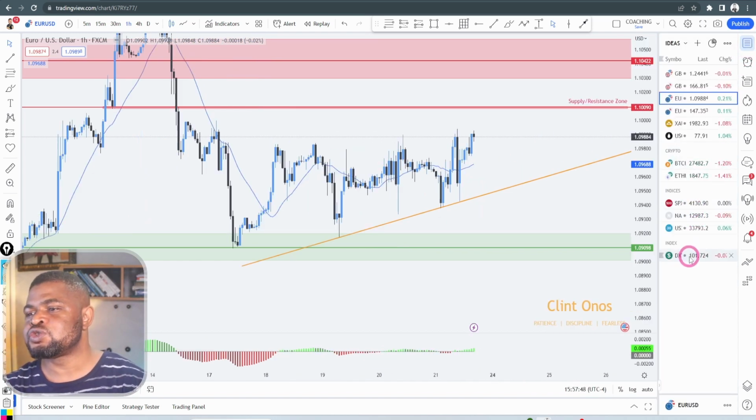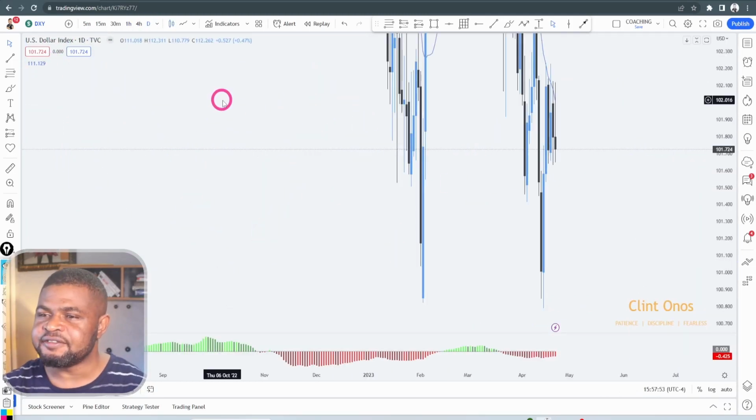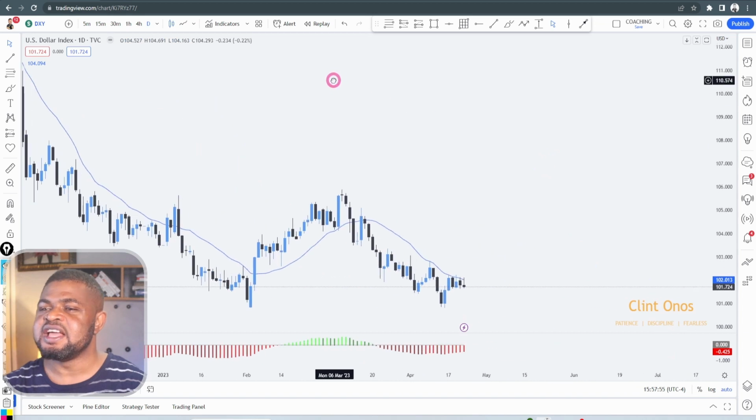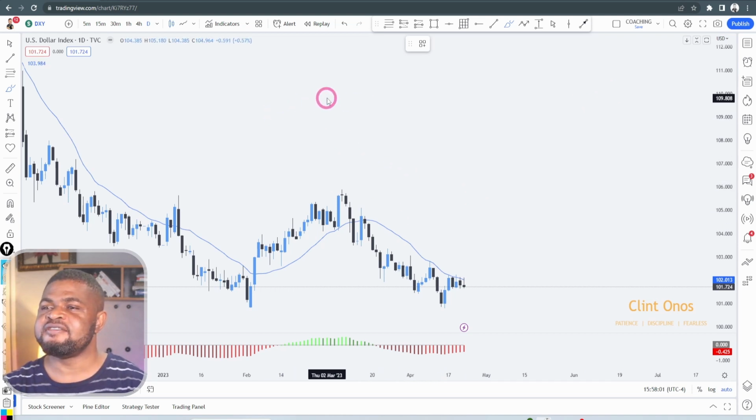So let's quickly look at the DXY. What is the DXY doing? From the daily time frame perspective, the DXY is bearish, right? That's why we're seeing the other pairs bullish, because they have an inverse relationship.